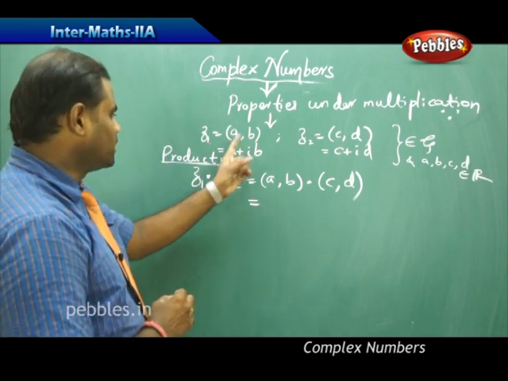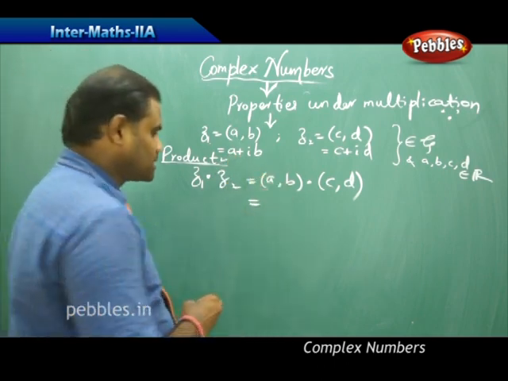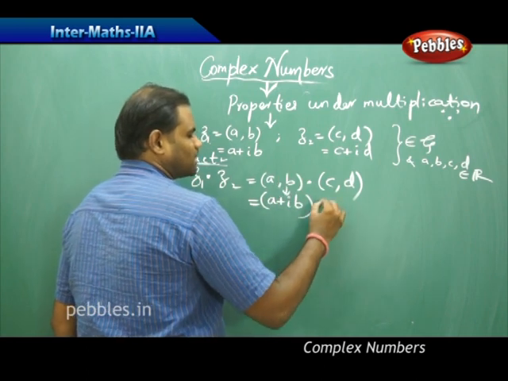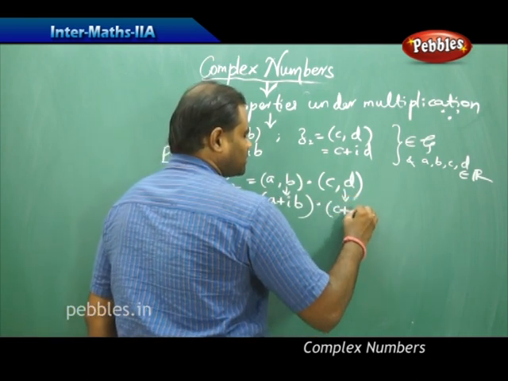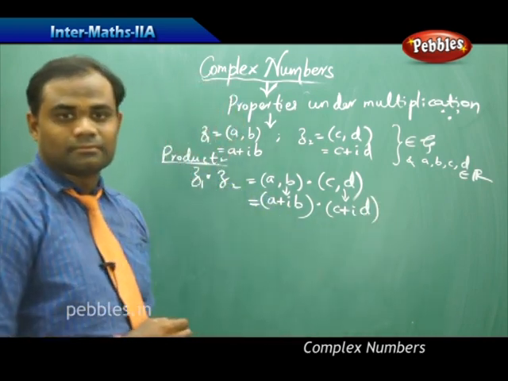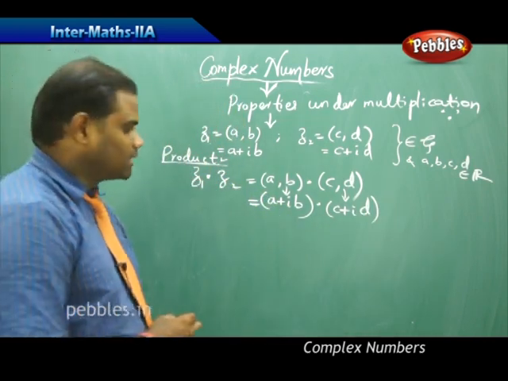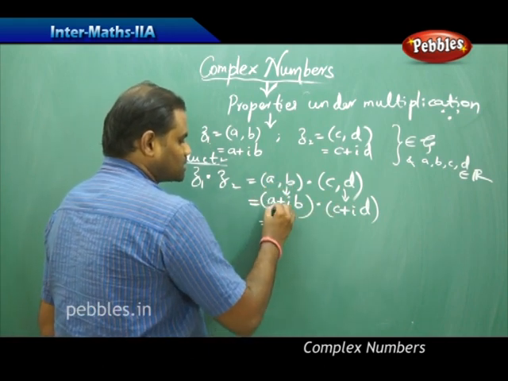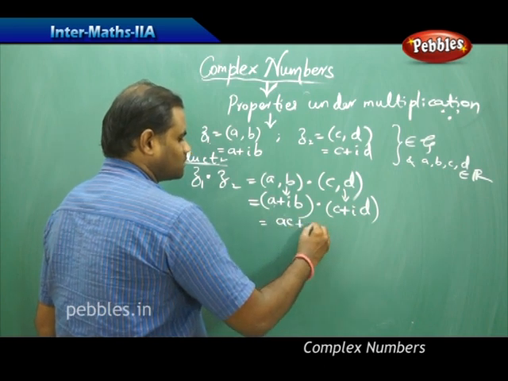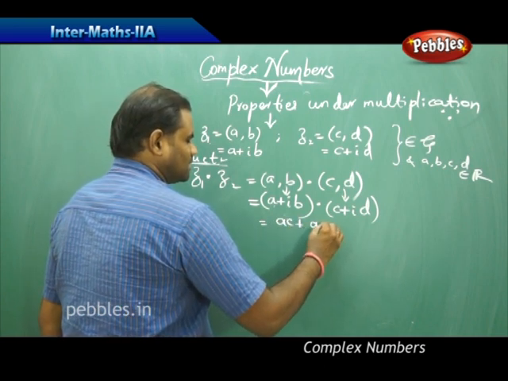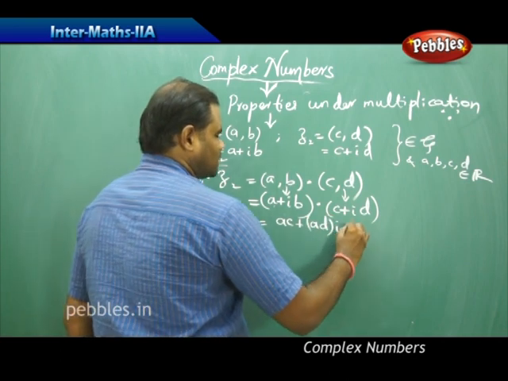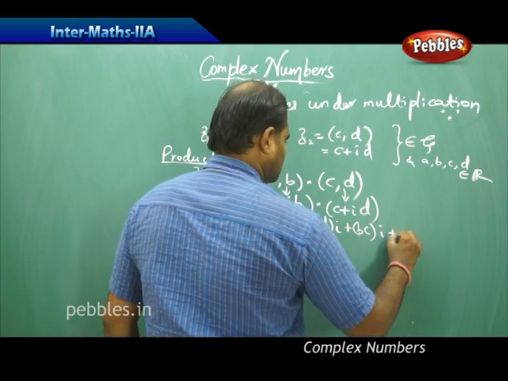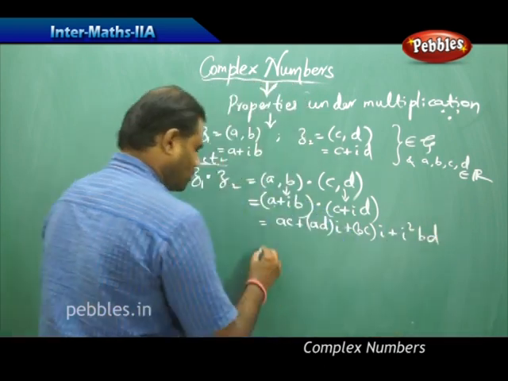Now the complex number (a, b), which is generally denoted in the other form as a plus ib, is multiplied with (c, d), which can be written as c plus id. Now I expand the brackets, where the ordered pairs are converted into addition, and when I expand this, a multiplied with this gives ac plus ad times i plus bc times i plus i square of bd.